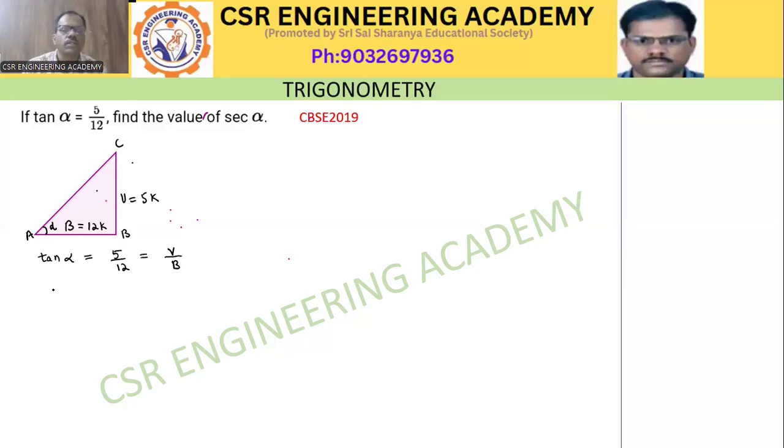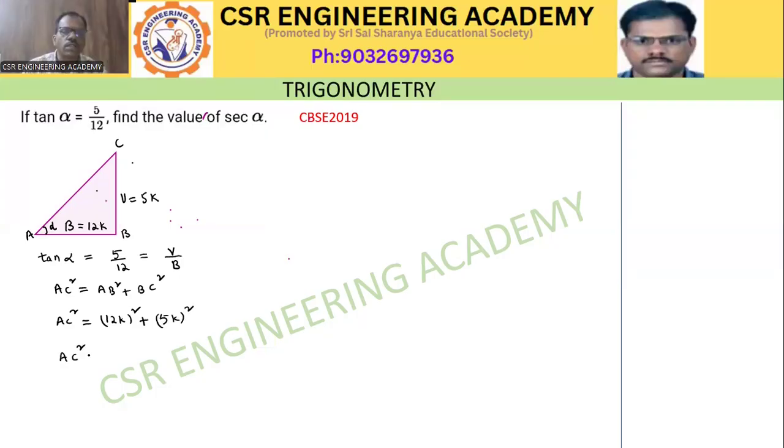According to Pythagoras theorem, AC square is equal to AB square plus BC square. AC square is equal to AB, which is 12K, that is (12K) whole square, plus BC, which is 5K, (5K) whole square.